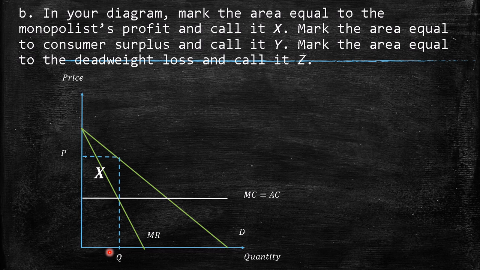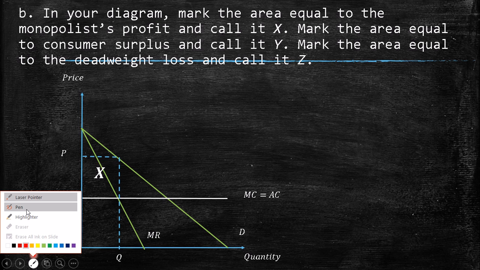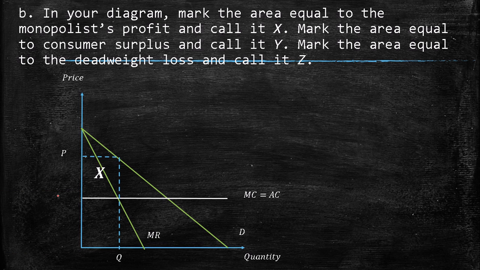This rectangle here is the average cost times Q, which is exactly the same as total cost. Let me show you something here. Here we have the average cost times Q.